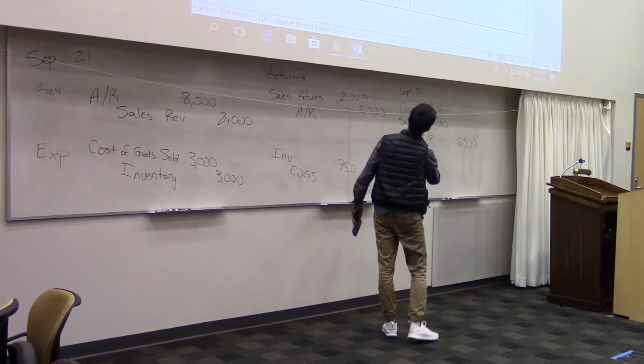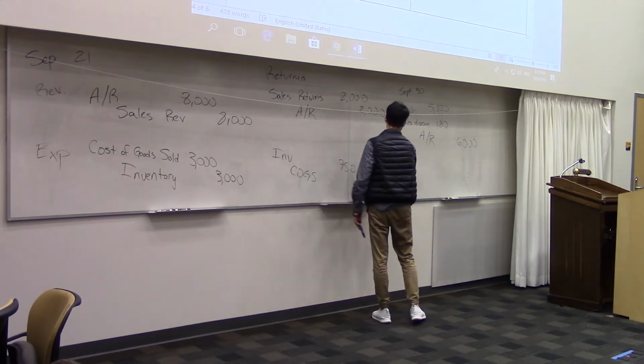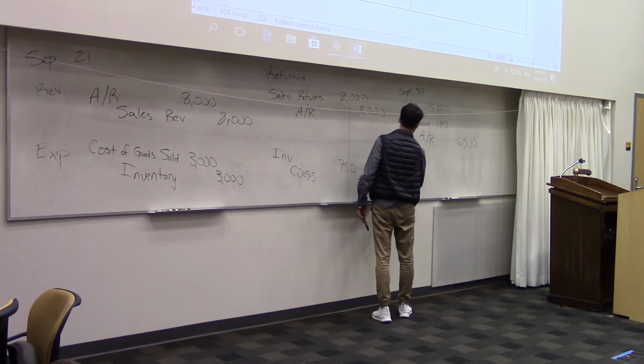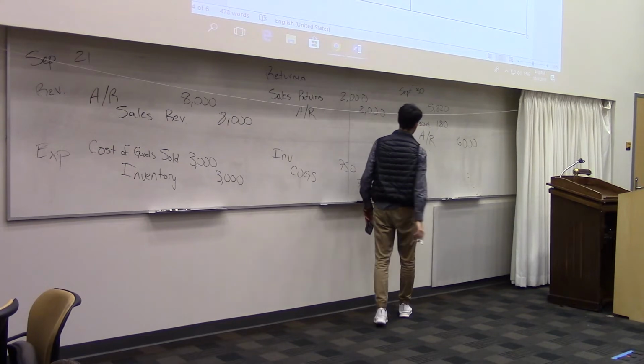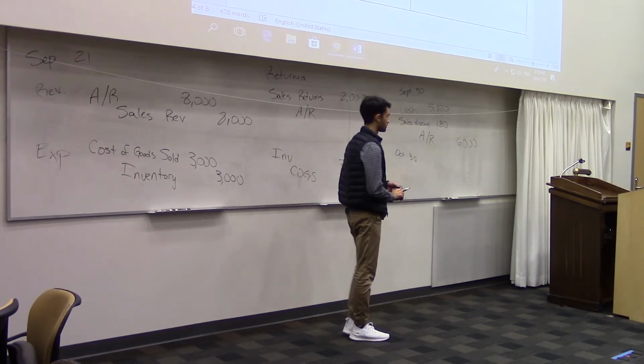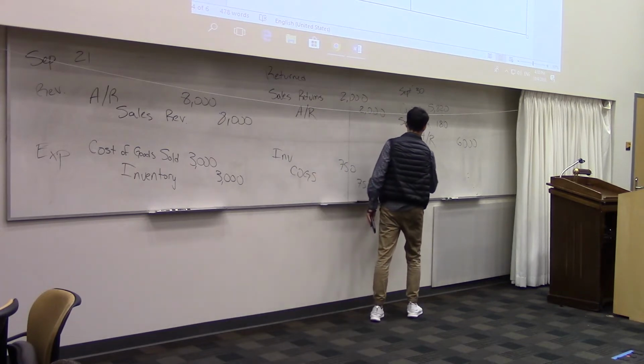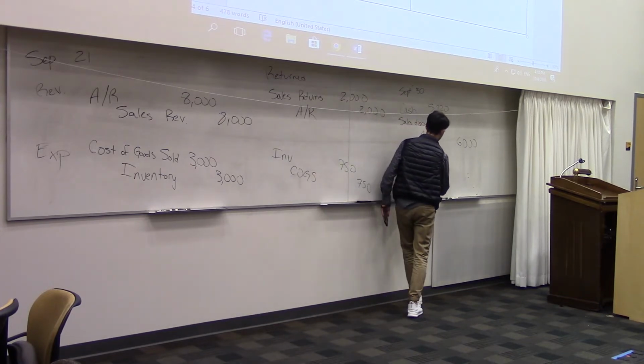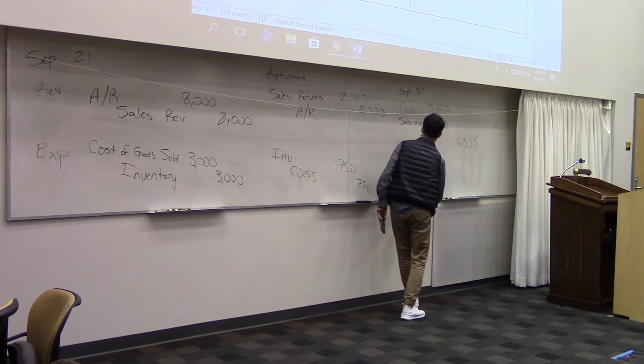If they didn't pay on the 30th and paid on October 30th, they did not get the discount, so what's the journal entry? Not for 8,000. Maybe you said 6,000.